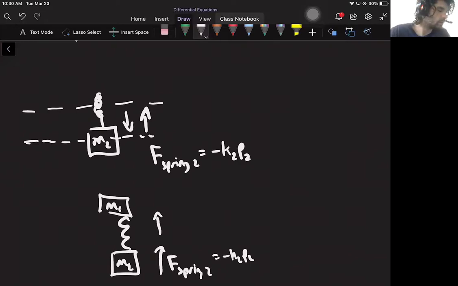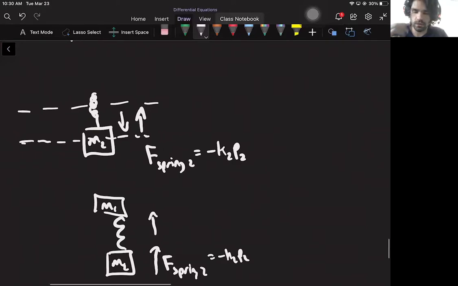Hold on, I've confused myself a bit. Had this right before. It needs to be positive on mass 1. What did I think about this before?